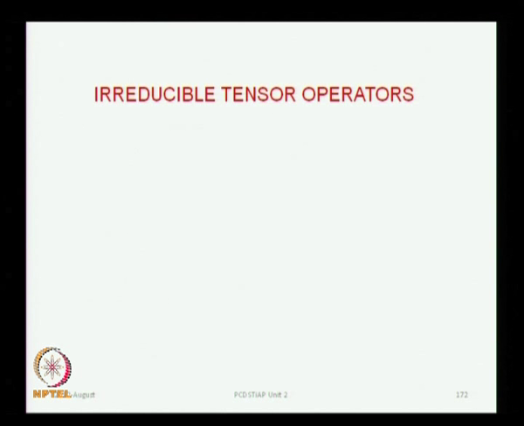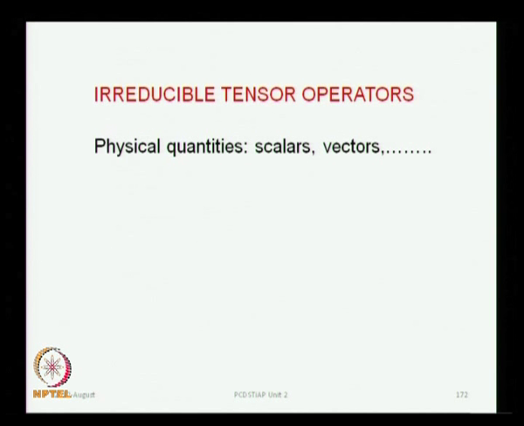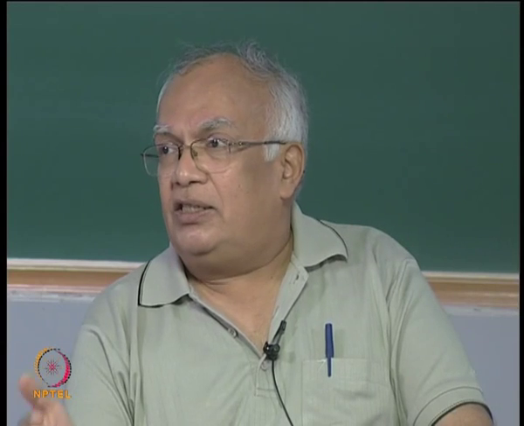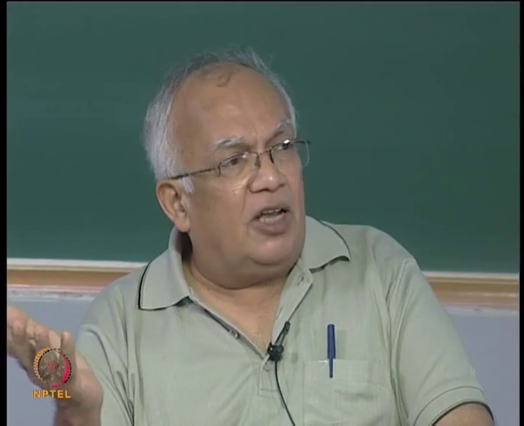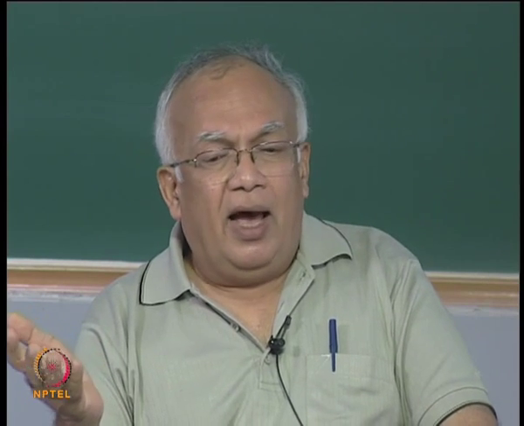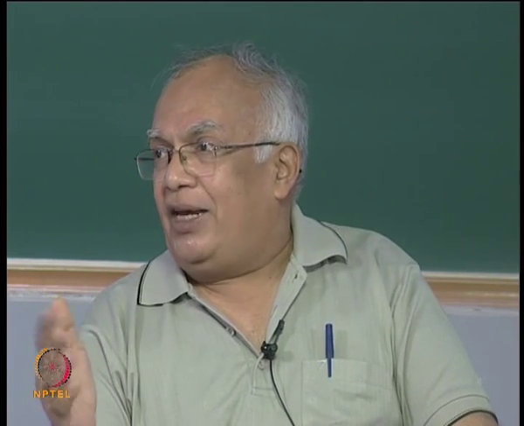In classical mechanics also we deal with physical quantities, and these are scalars, vectors and so on, right. Whatever physical quantities you work with, like temperature, energy, velocity, force, momentum, these are all tensors of various ranks.